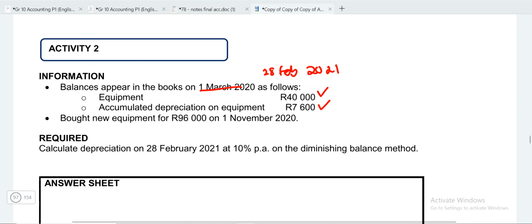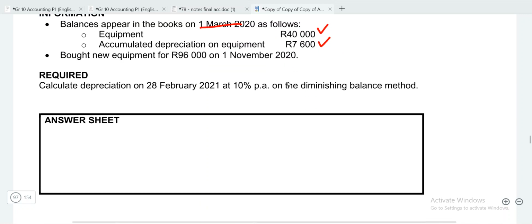Now when you do your depreciation, guys, in grade 10 we separate it between the old and the new ones, because in grade 10 we don't sell our assets, we only sell in grade 11. So when you do this, be careful, make sure that you separate your depreciations in that way, so that you can see whether you have calculated your depreciation for all the assets that you are given.